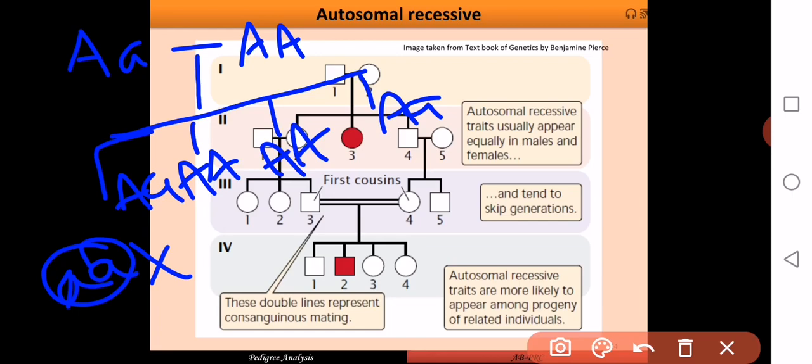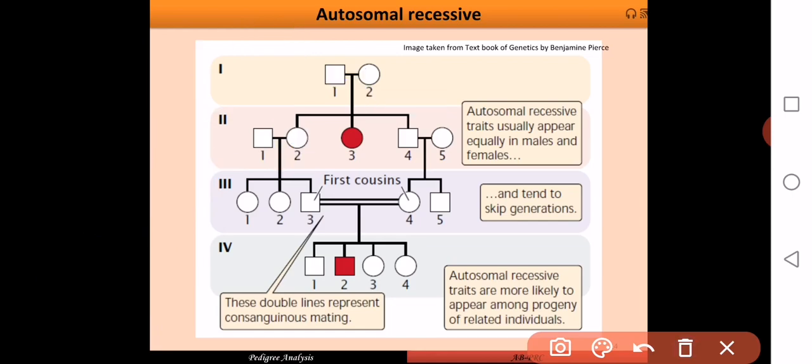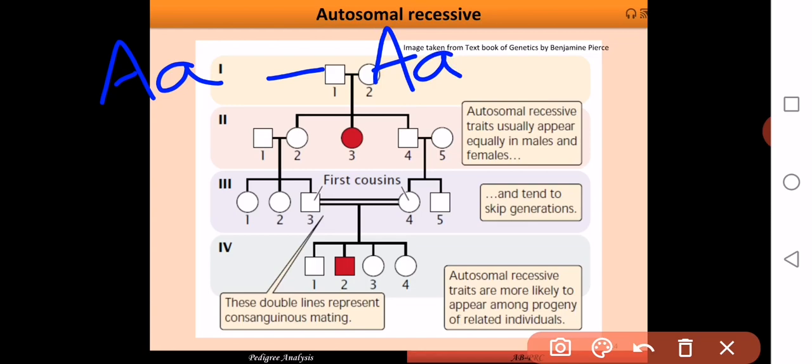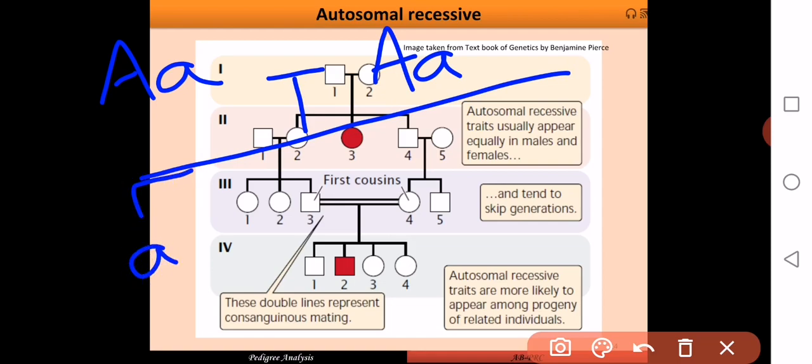All right, but in the other situation, when a carrier individual marries another carrier individual, this will be the condition when individuals within the family get married, right? So it is possible to have children with the affected trait. It is possible to have small a from here and small a from here.